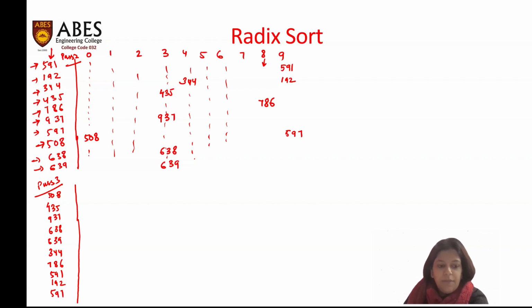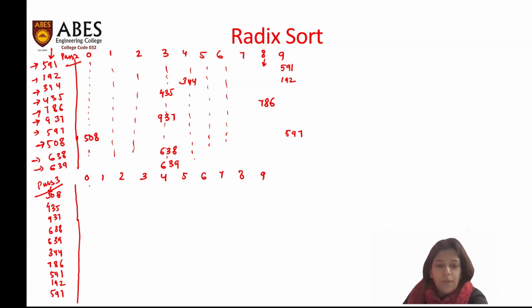So these are the numbers that we have got after the second pass. Now we are going to sort these numbers again based upon the digit placed at the hundreds position, right? So again, we will make columns 0, 1, 2, 3, 4, 5, 6, 7, 8, and 9.